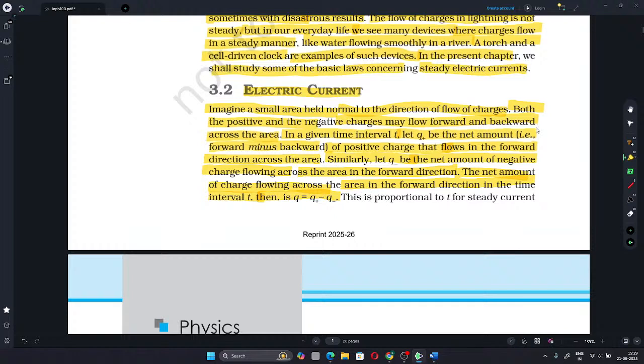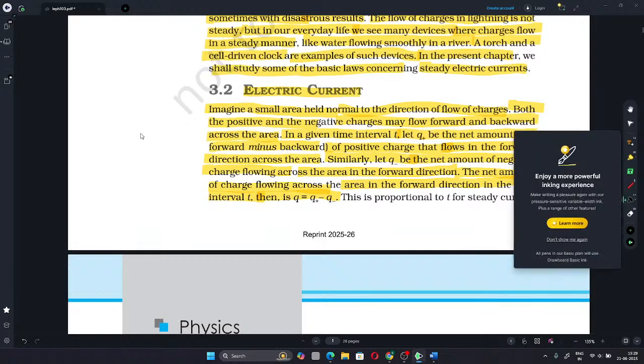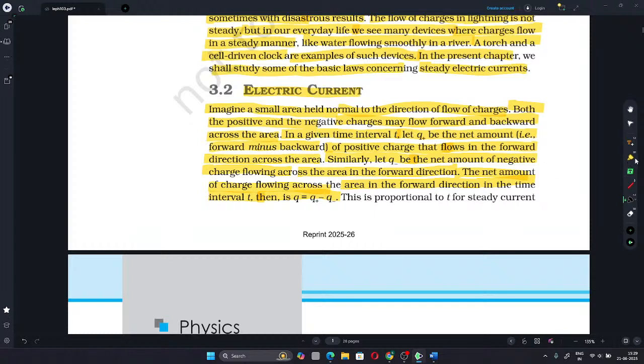Let's read the statements again. Imagine a small area held normal to the direction of the flow of charges. Both the positive and negative charges may flow forward and backward across the area.